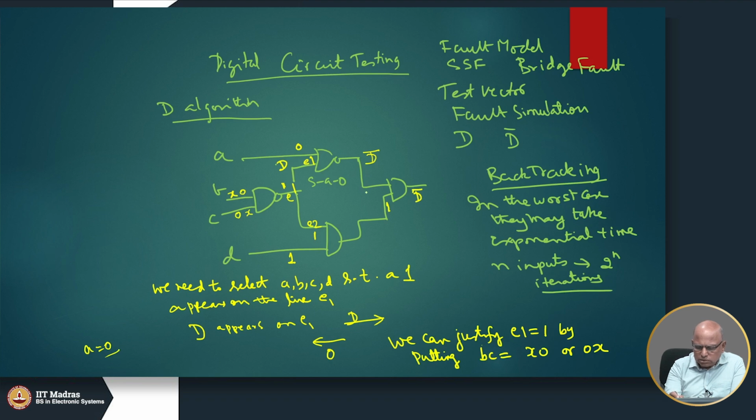Let us say we call this F, propagates fault to F, and then suppose I call this G, G equal to 1 required to propagate fault to output.